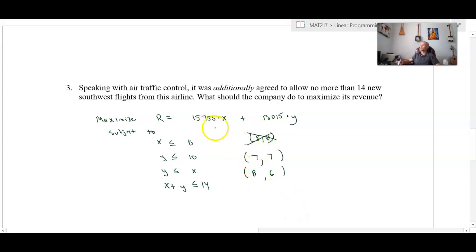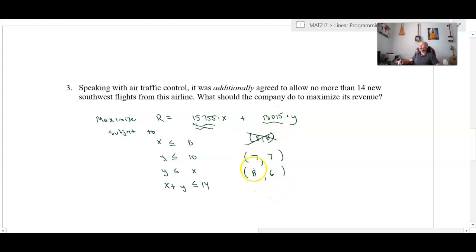Instead of sending this one flight over to San Diego and making less revenue, here I'm still getting 14 flights. I'm still sending 6 to San Diego, but I'm getting one more than I do here to Las Vegas, which is going to give me this extra amount of revenue that I get for each flight in comparison to the ones to San Diego.